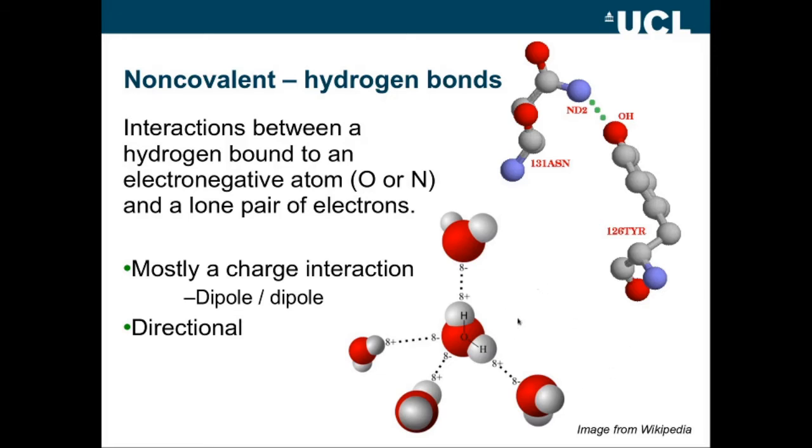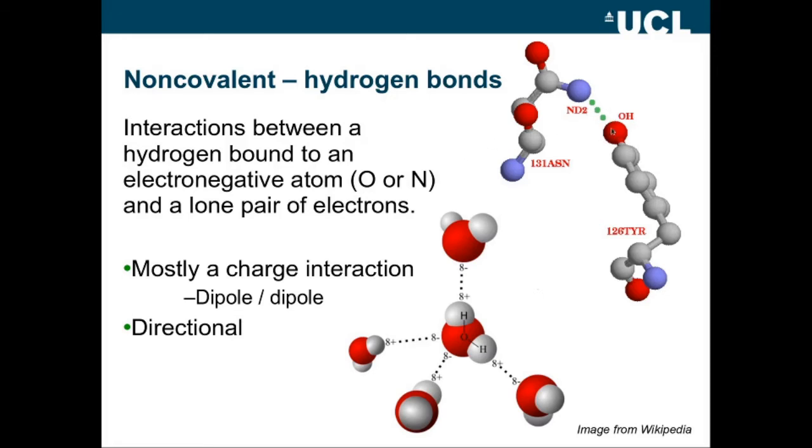At the bottom here, in the figure at the bottom, we can see a water molecule which has hydrogens attached to an electronegative oxygen. The hydrogens have a partial positive charge and the oxygen has a partial negative charge. Now the thing that is important about this is that unlike normal electrostatic interactions, these interactions are very directional. There's a clear angle that's important as well as just the charges.